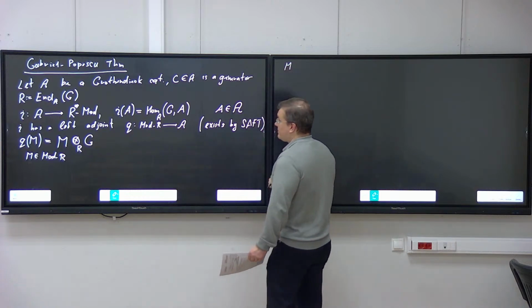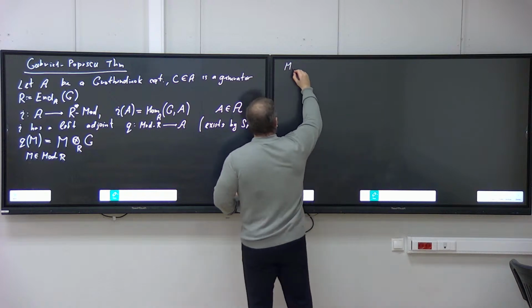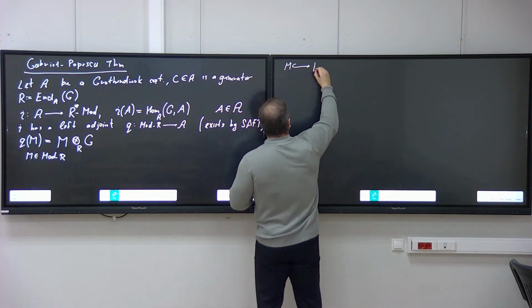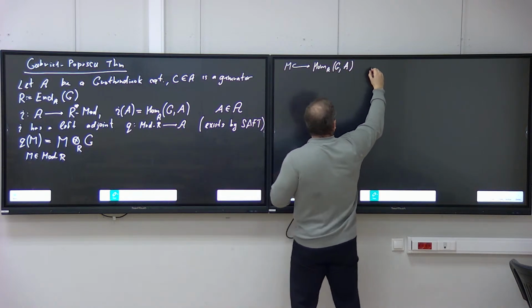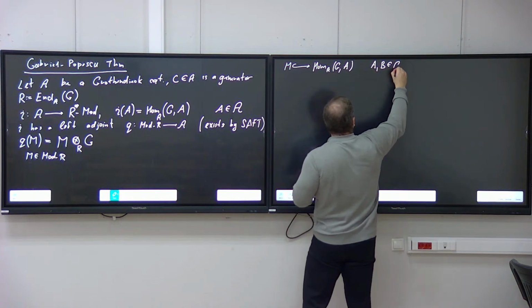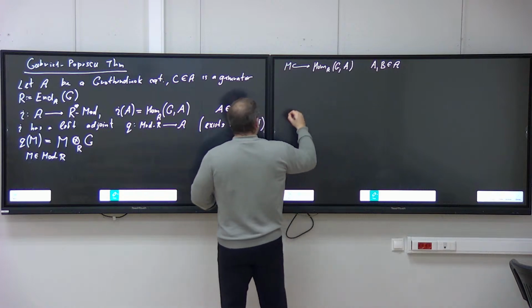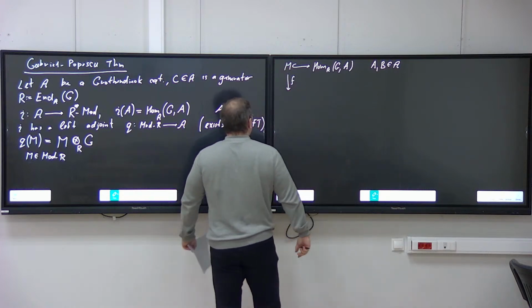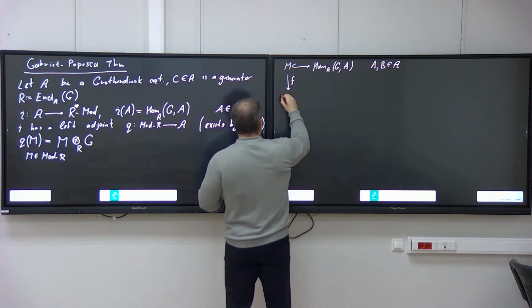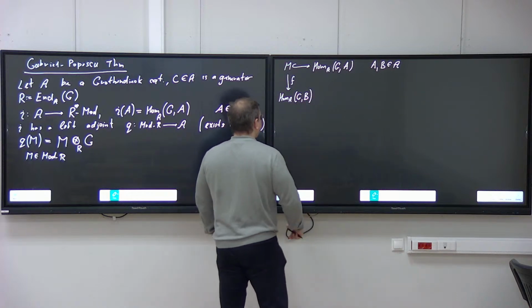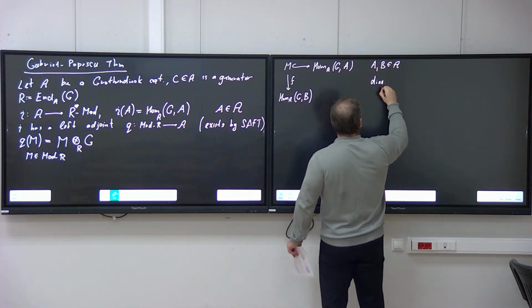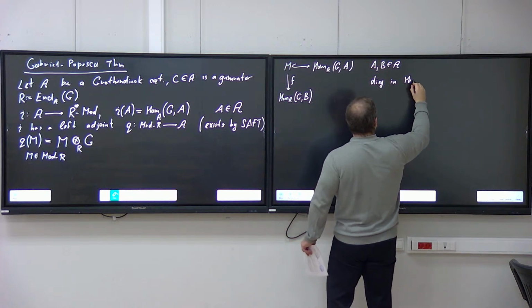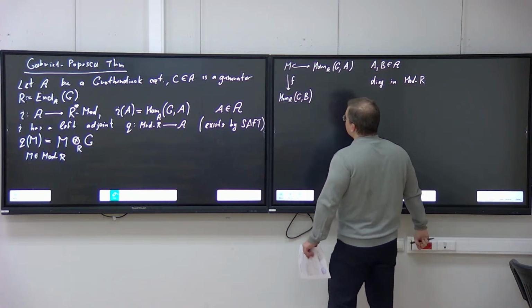This is the key diagram for the rest of this subsection. I take a module M, which is a submodule in the Hom from G to some object A. So I'm going to have two objects, A and B. These are objects in the Grothendieck category A. And I also choose a map of modules f to the Hom over A from G to B. So this is a diagram in the category of right modules.